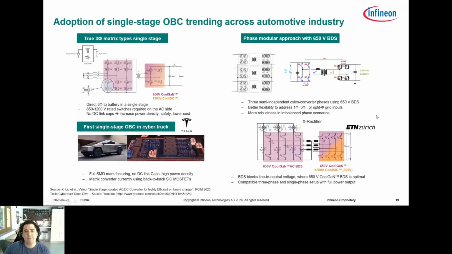And ETH Zurich, to be honest, is one of the most experienced universities with GaN bidirectional switches. We work very closely with them, and they've been publishing work with GaN bidirectional switches for, I think, maybe over 10 years.